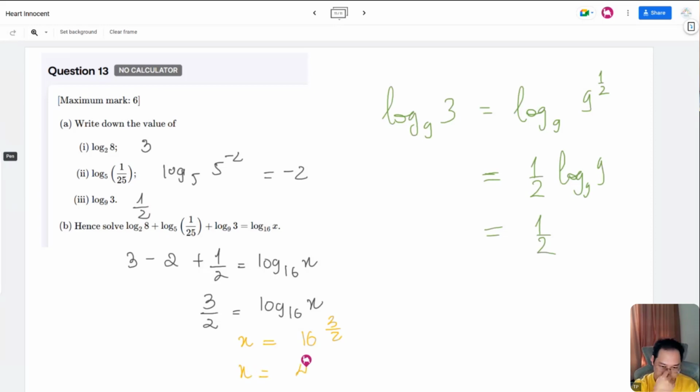Because the power 1. Okay, that's a different way, which is also correct. Okay, that's it.